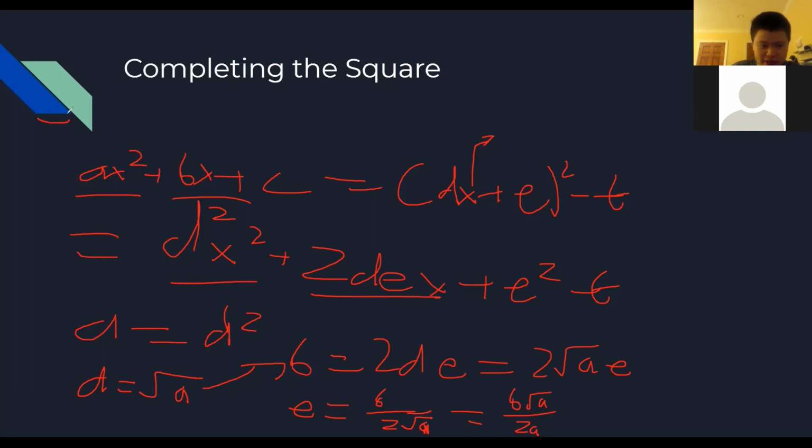And then e squared minus f is c, since the constant terms have to match. So e squared is b squared over 4a, and f equals b squared over 4a minus c.